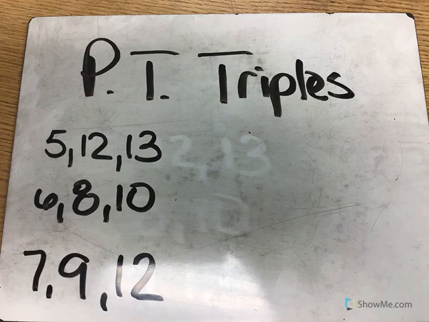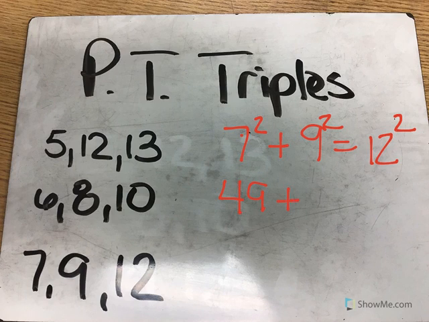Last one: 7, 9, and 12. I can't see the green very well, so I'll stick with red. 7 squared plus 9 squared, does it equal 12 squared? Let's see. 7 squared is 49 plus 9 squared, which is 81.